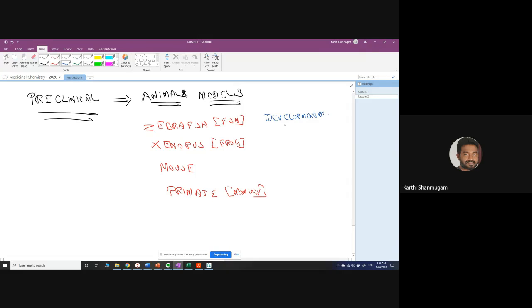If your intention is studying developmental biology, then the best preferred model for that is zebrafish.